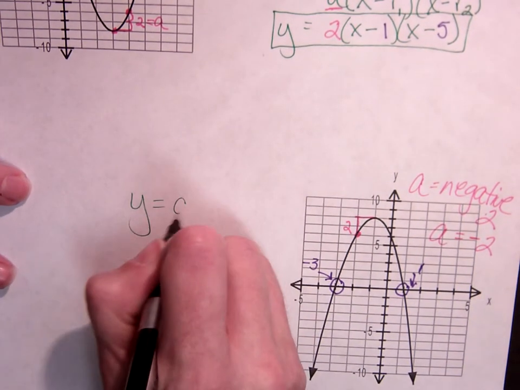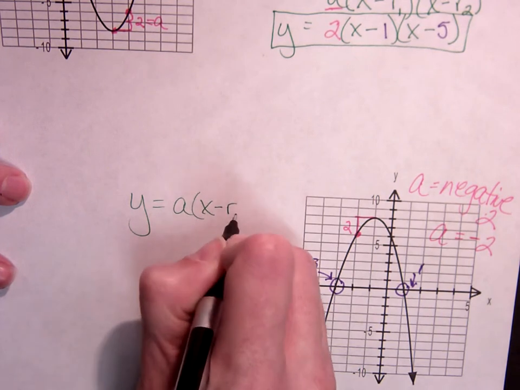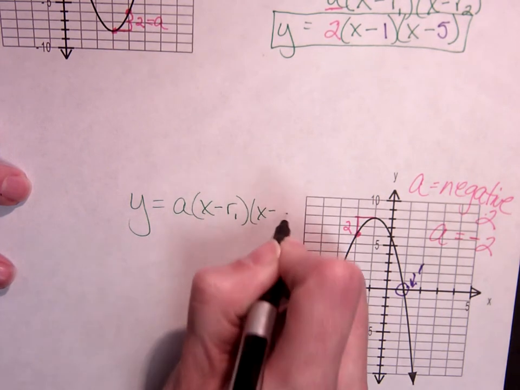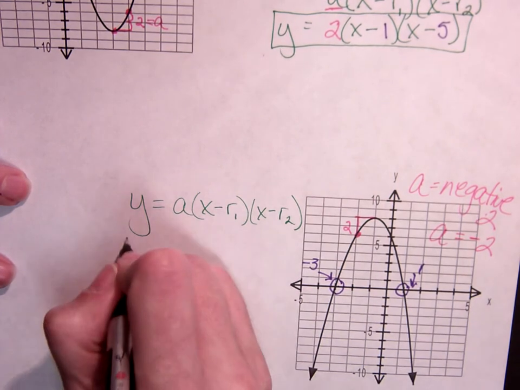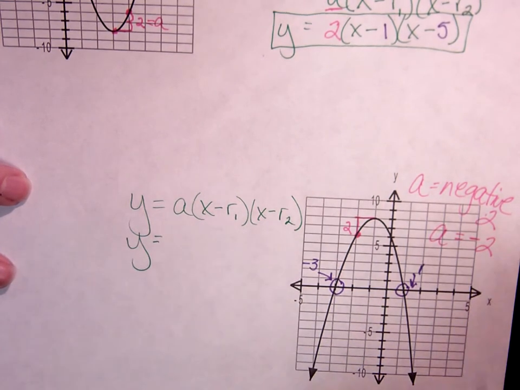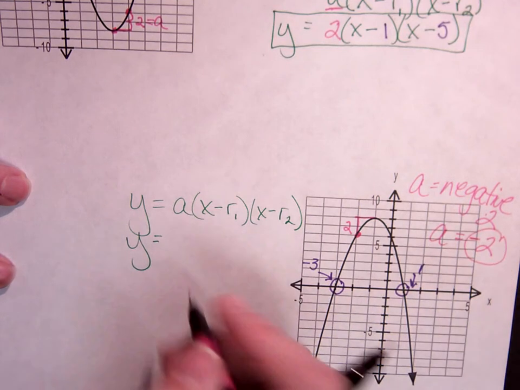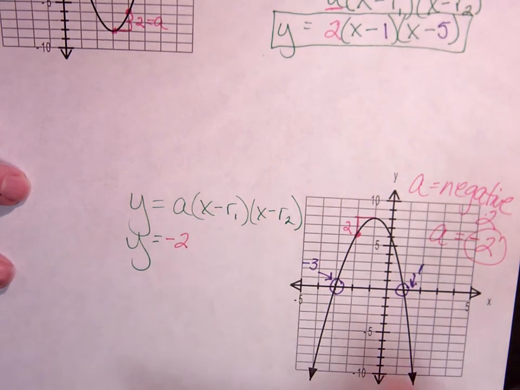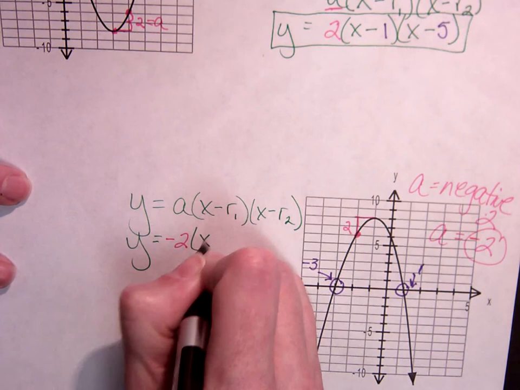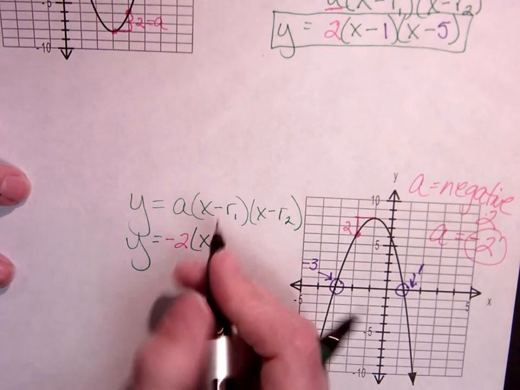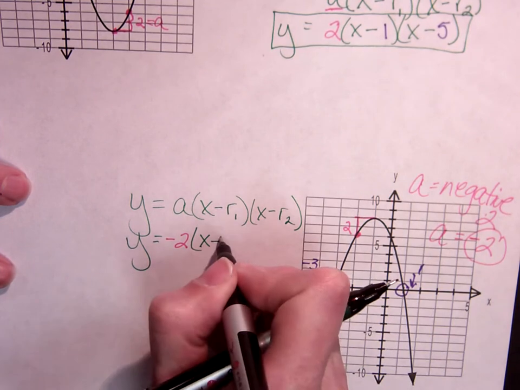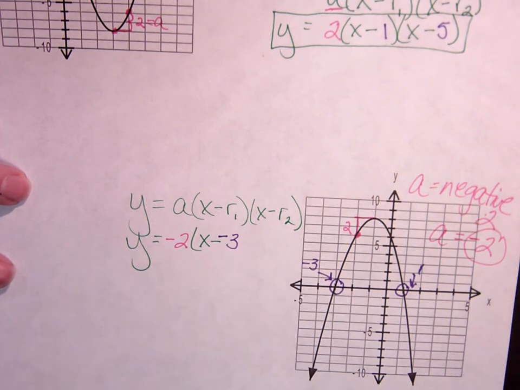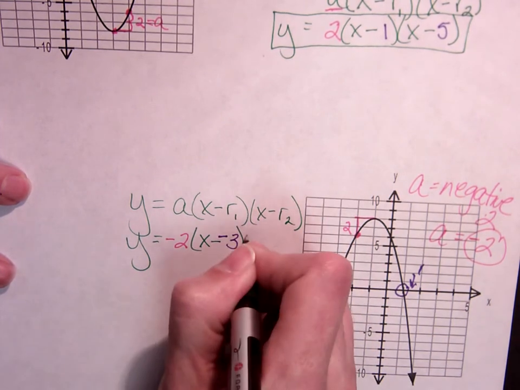So I grab my formula. Y equals A, x minus root 1, x minus root 2. Y equals my A value, negative 2, x minus, and careful here, that's why we write this down the way that I've been doing it, because when I put in a negative 3, we're going to need to clean that up later.